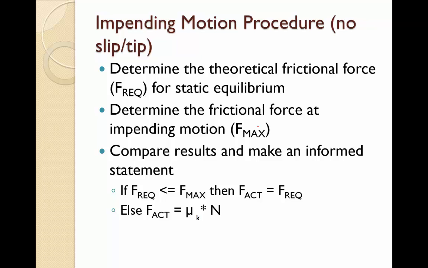And then we compare those results. If the required frictional force is less than or equal to the maximum frictional force, then the actual friction in that case is F req, the required frictional force, because that situation can develop that friction. However, if the required frictional force is greater than the maximum frictional force that could be developed, then the actual frictional force is mu k times N.